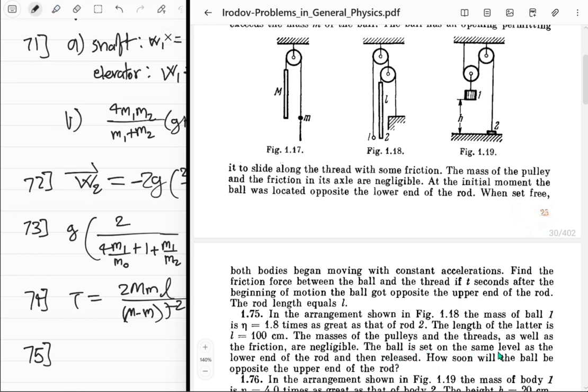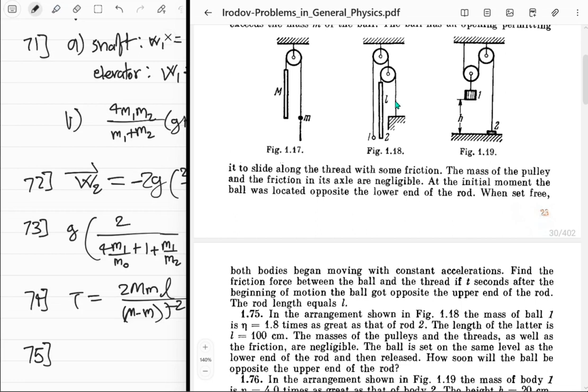The ball is set on the same level as the lower end of the rod and then released. So is this fixed to that? I think it's fixed to that. How soon will the ball be opposite the upper end of the rod? So it will just go up, and this end and this ball will cross, and when will that happen basically?